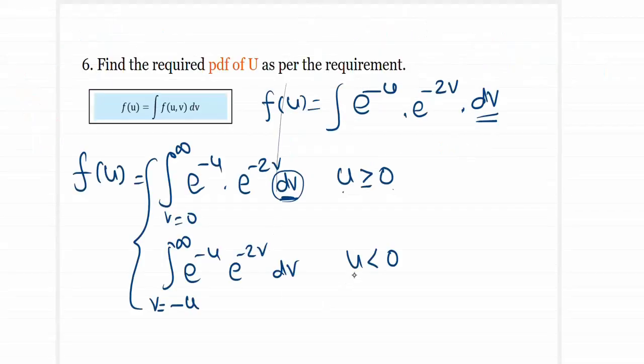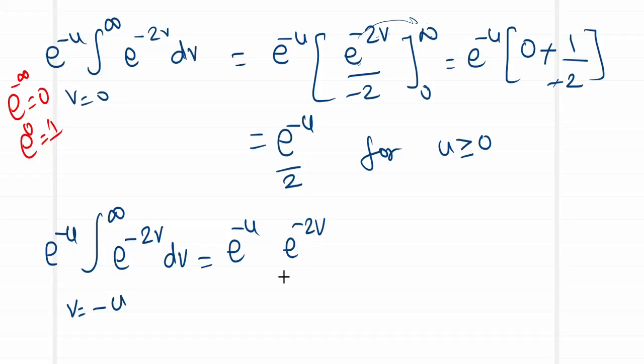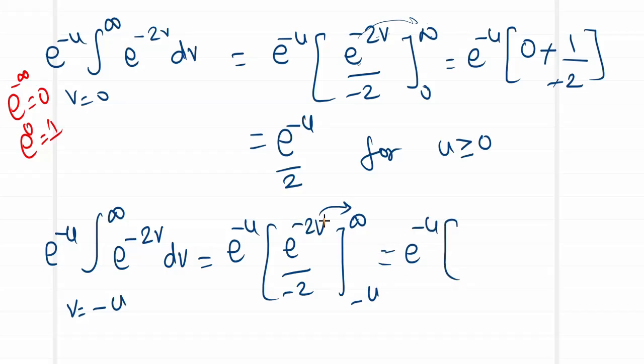Now let me move on to find the case u less than 0. For u less than 0, v varies from minus u to infinity. Again, e power minus u is a constant. We keep e power minus 2v dv alone inside. So e power minus u, e power minus 2v divided by minus 2. Now apply the limit from minus u to infinity. So it is e power minus u. Applying v as infinity, e power minus infinity is 0, so the upper limit vanishes.